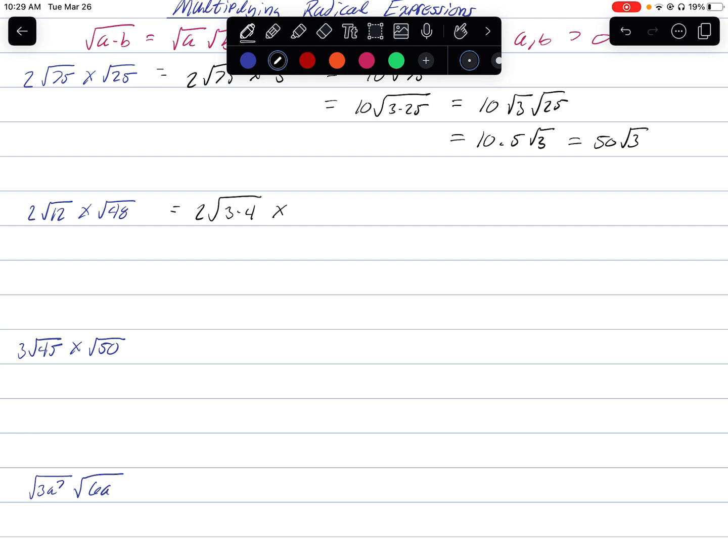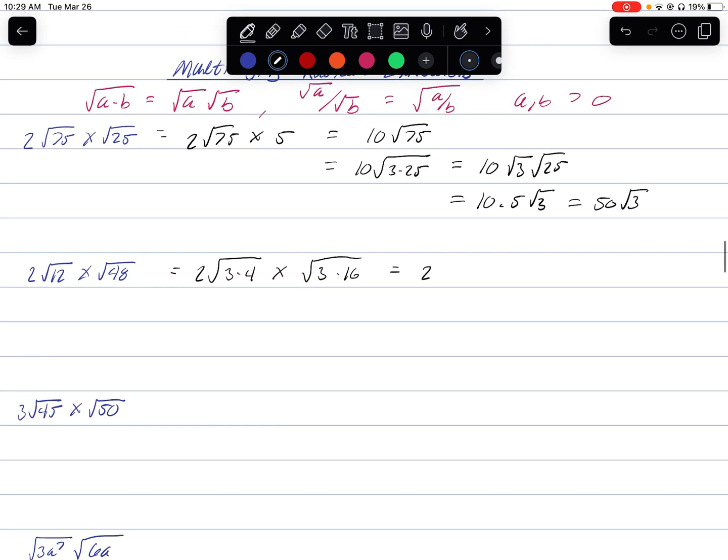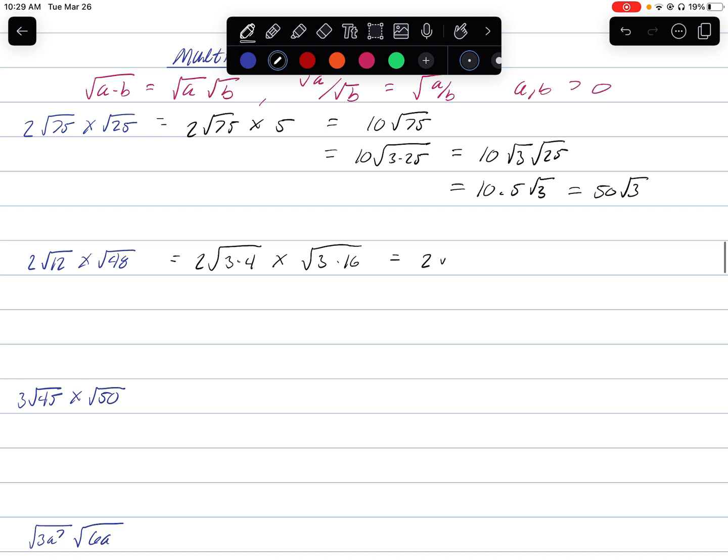And the square root of 48 can be written as the square root of 3 times 16. That's helpful. Once we split these up using our multiplication rule, we have 2 times the square root of 3 times the square root of 4 times the square root of 3 times the square root of 16.